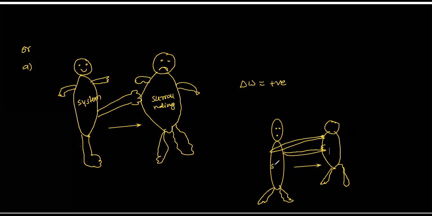Who is this? System. And this one is surroundings. तो यहाँ पे भी देखो आप कौन किसको पुश कर रहा है. System is pushing the surrounding. Yes or not? So this is what, again here also what, delta W is positive. Work is done by the system on surrounding, then it is positive. Understand? These diagrams you keep it in mind. System and surrounding. Clear? Next one.